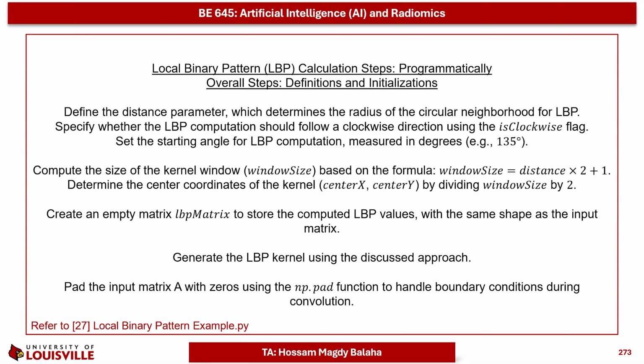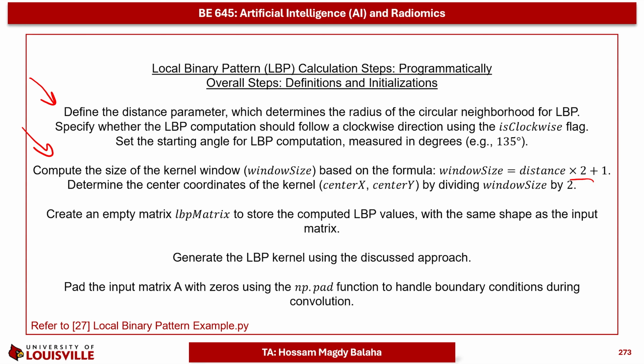So here we start by defining the 3 parameters as we did: the distance, theta, and clockwise or counterclockwise. Then create the size of the kernel, which will be called window size, based on 2 multiplied by distance plus 1. So if you have a distance of 1, then you will get for sure a kernel 3 by 3. And if you have a distance of 2, then you will get a kernel 5 by 5.